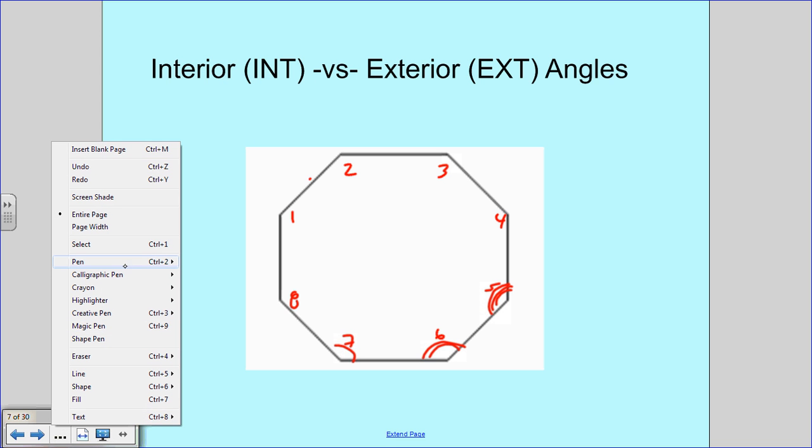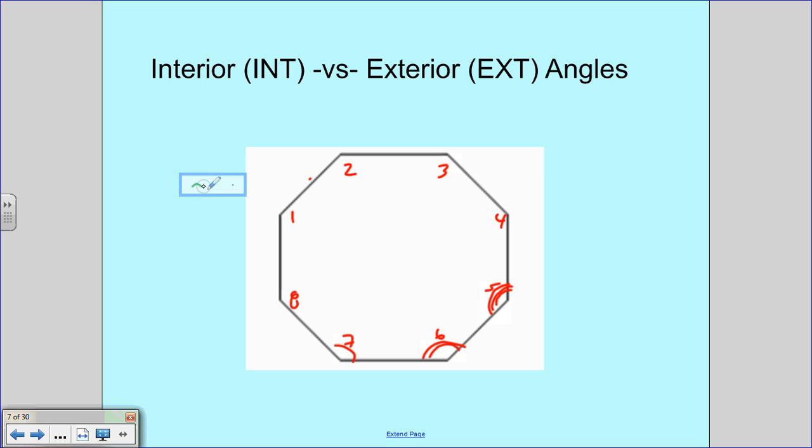Now, an exterior angle is all the angles that are outside the figure, but they form a linear pair with the interior angle. So if I take angle 6 right here and the side that it's attached to and extend it out, there would be an exterior angle right here. So we could call that angle 9.